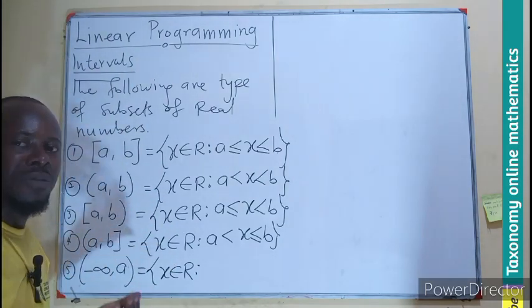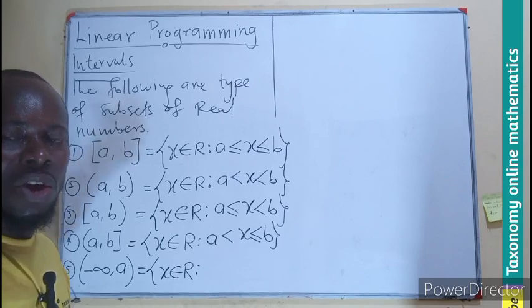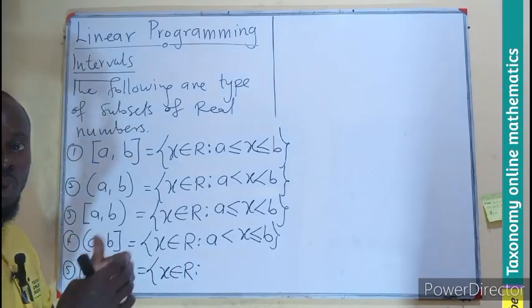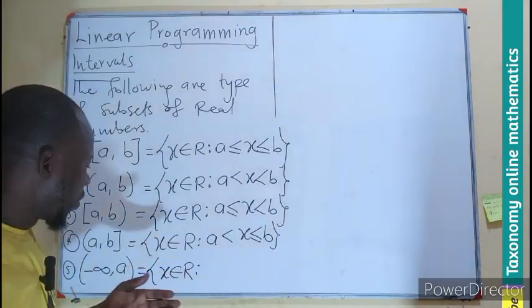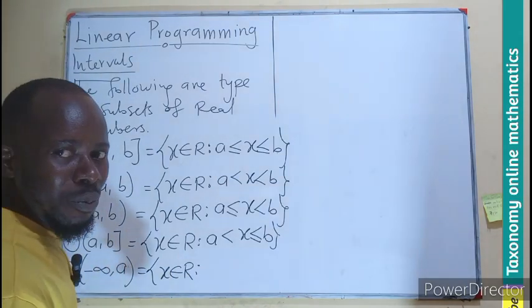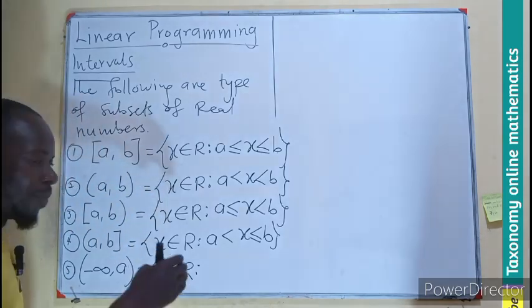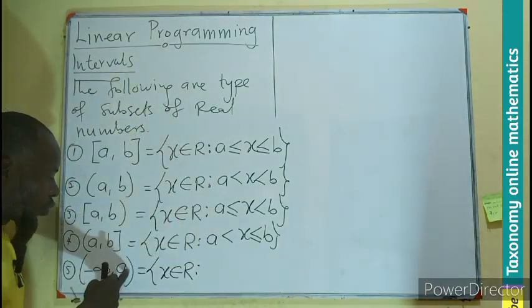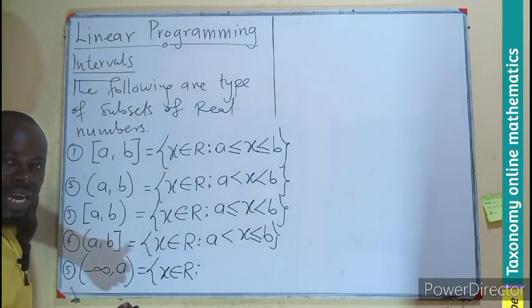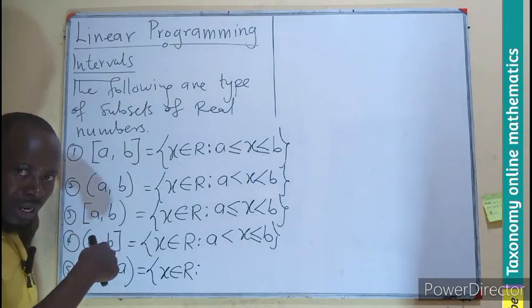There are a lot of negative numbers that we cannot write and cannot quantify. So we cannot list all the elements going to the left, but we can list up to A. So between infinity and A.